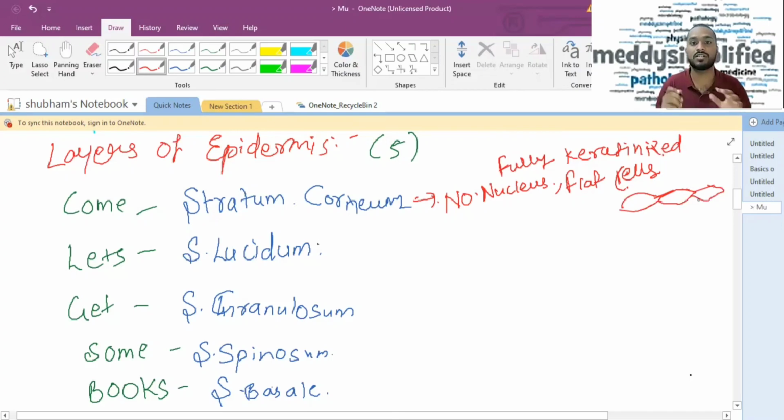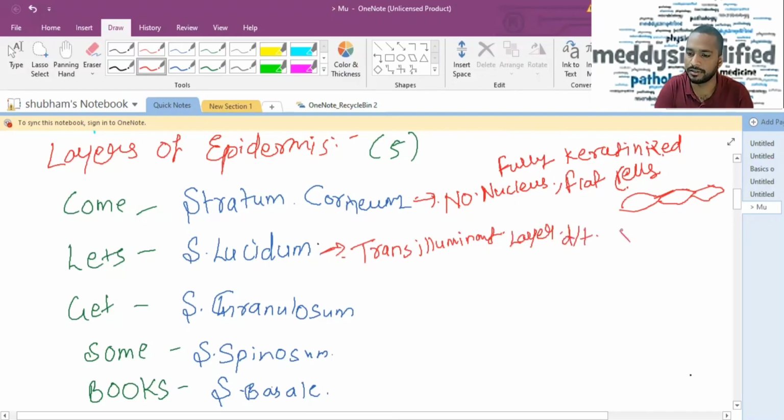Now the next layer is stratum lucidum. This layer, stratum lucidum, is a transilluminant layer. This transilluminancy is due to a granule called eleidin.